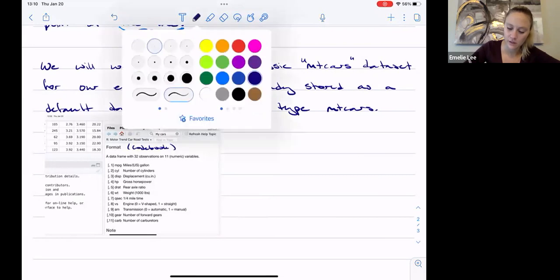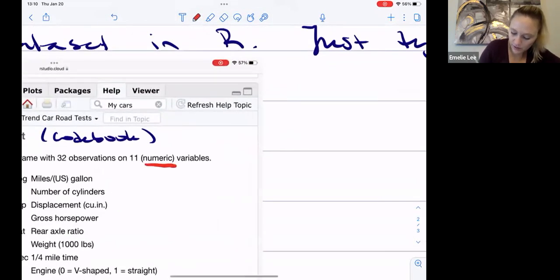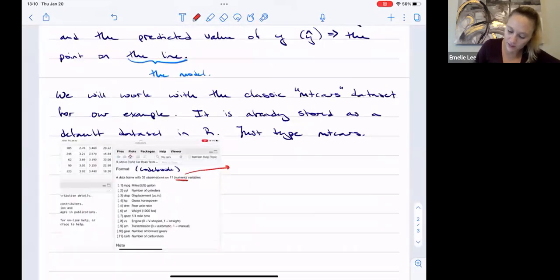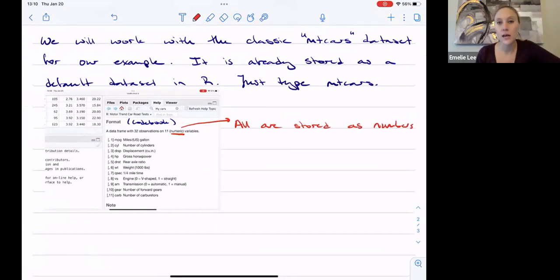Okay. Now, don't be fooled by this numeric. What numeric means in this case is all are stored as numbers. That's really common, right? If you have worked with any dummy variables before, I'm assuming that we haven't, although I know a lot of you have.